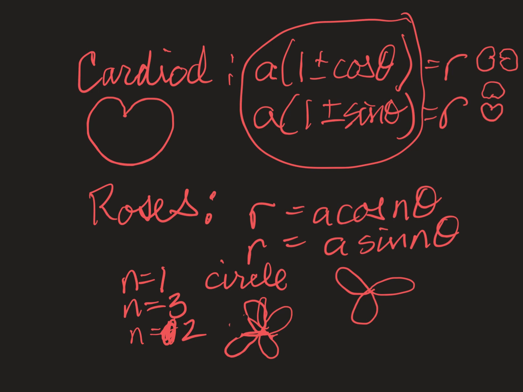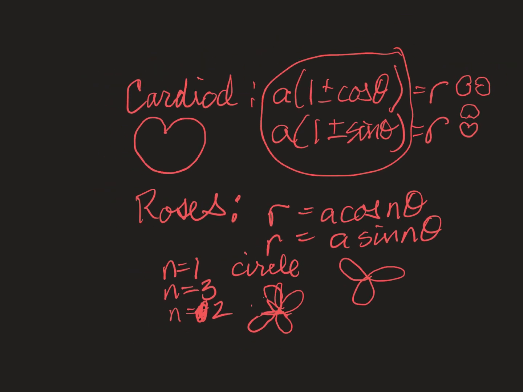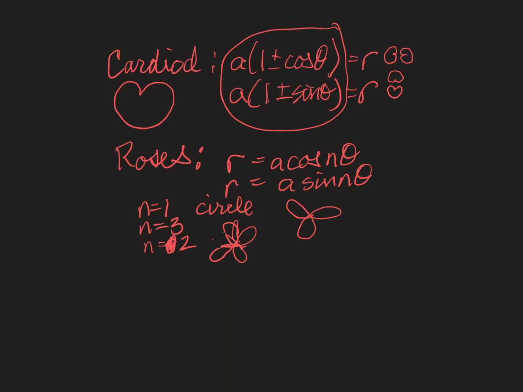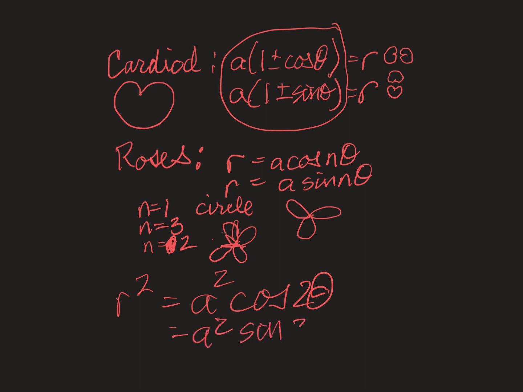And then, if you have r squared, so r squared equals a squared cosine 2 theta, or it's equal to a squared sine 2 theta, if you have something like this, it's called a lemniscate.